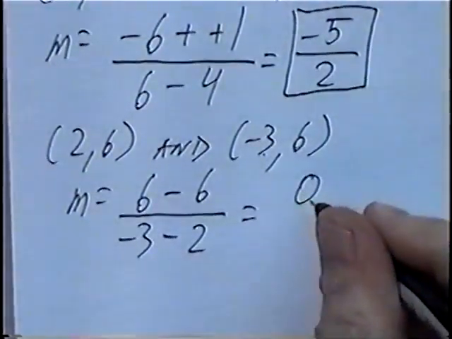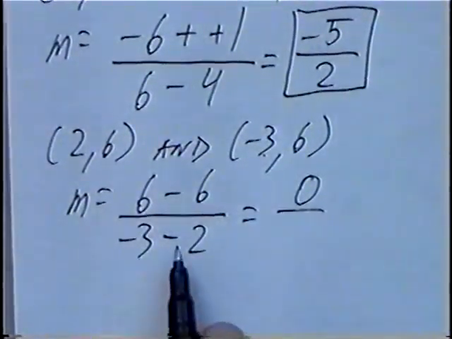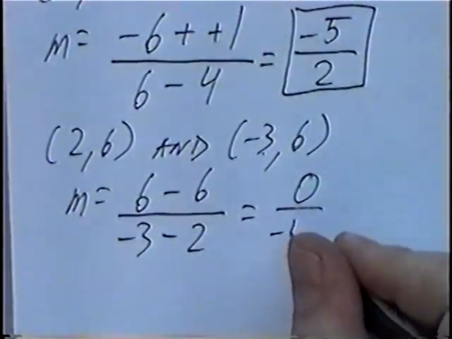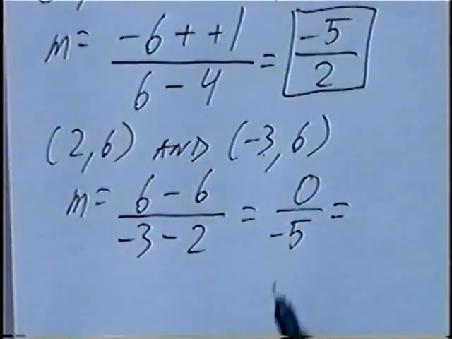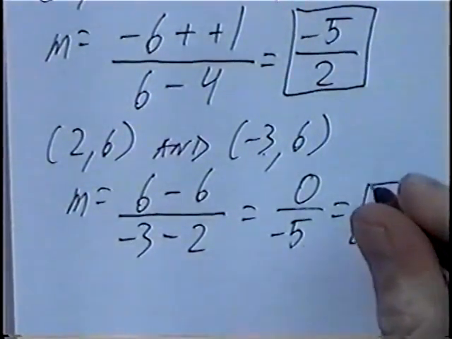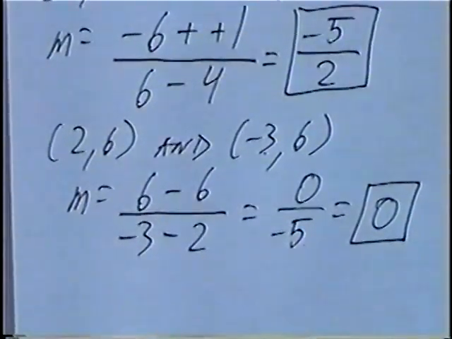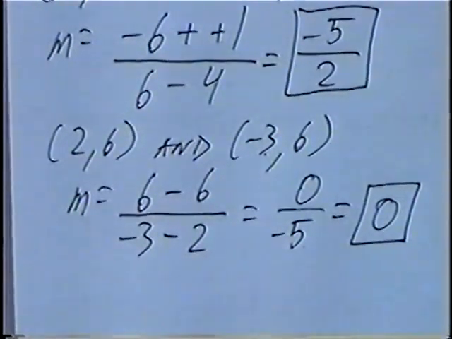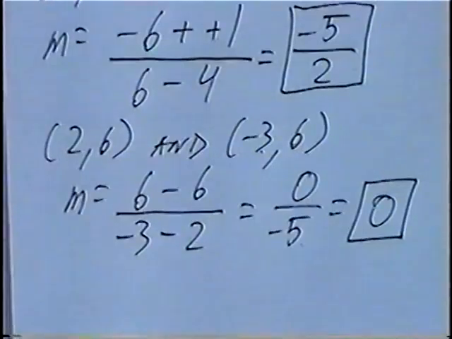Subtracting 6 minus 6 would be 0. Negative 3 minus 2 would be negative 5. And 0 divided by any number would be 0. So these 2 points would have 0 slope, which also means it's a straight horizontal line.